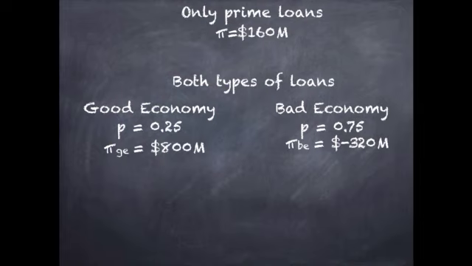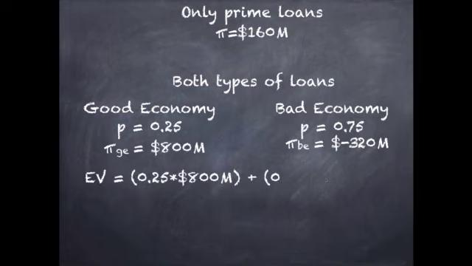So the probability of a good economy is 25%, and the probability of a bad economy is 75%. If the economy is good, profits, GE, good economy, would equal $800 million, and the profits if there's a bad economy would actually be losses of $320 million.